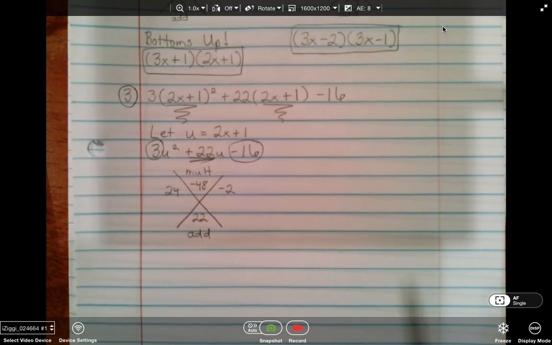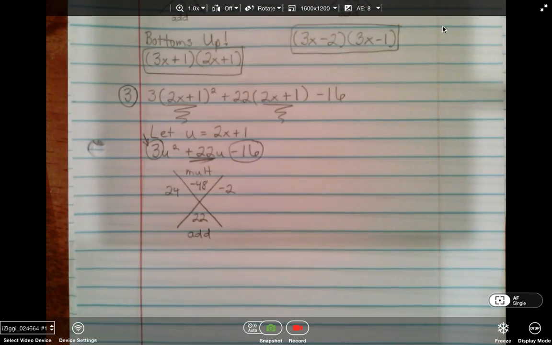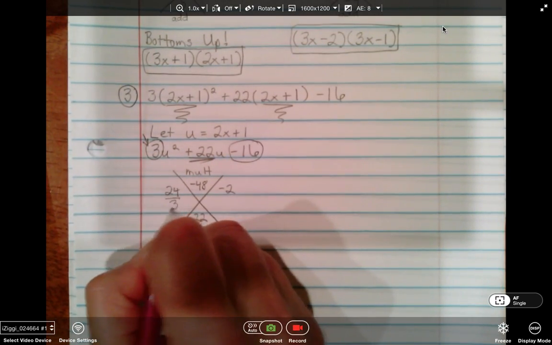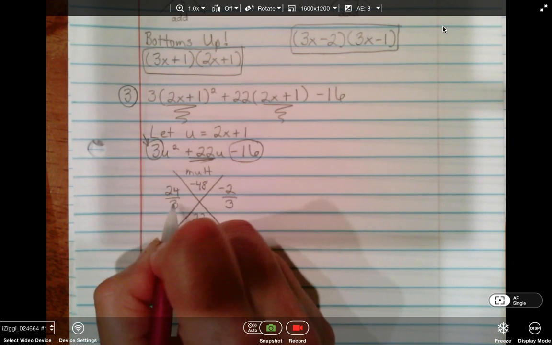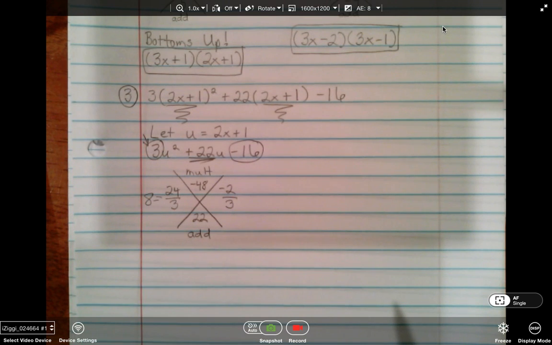Now, I'm going to divide both of these numbers by the number in front of the u squared, which is 3. 24 divided by 3 is 8, and negative 2 divided by 3 does not reduce.